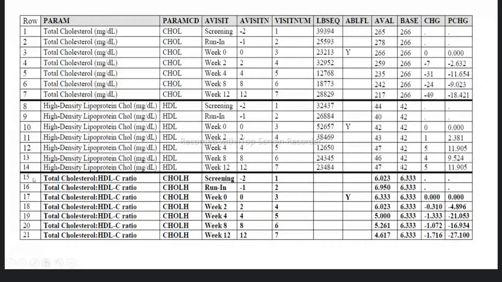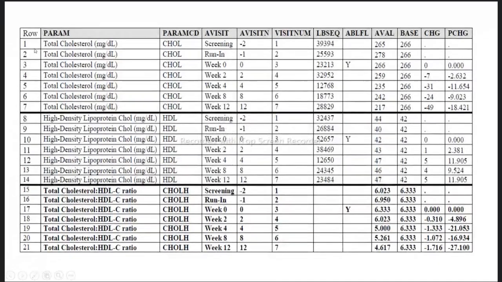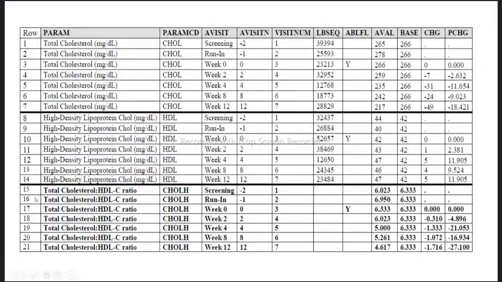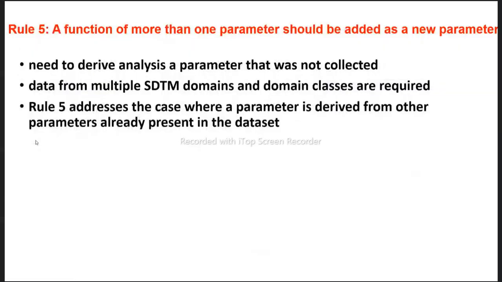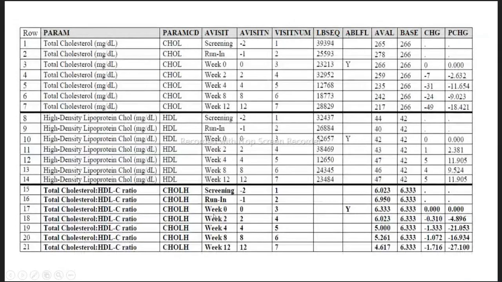So the 15th record is a ratio of the first and 8th, the 16th record is a ratio of the second and the 9th record, the 17th record is a ratio of the third and 10th record, and so on. So when you are creating a new record, can you see a function of more than one parameter should be added as new. What is here? Total cholesterol to HDL is a function of more than one parameter, which is total cholesterol and high density lipoprotein cholesterol. Understand this one?